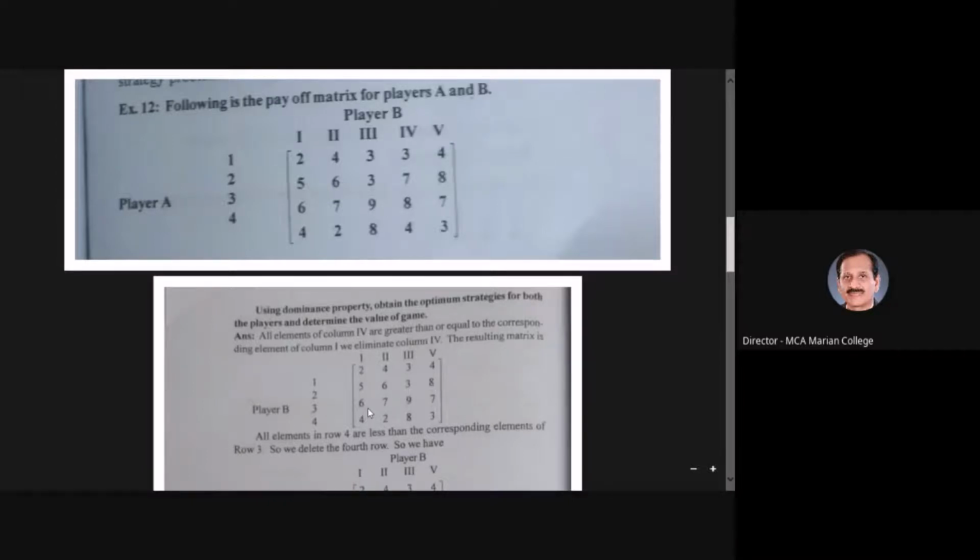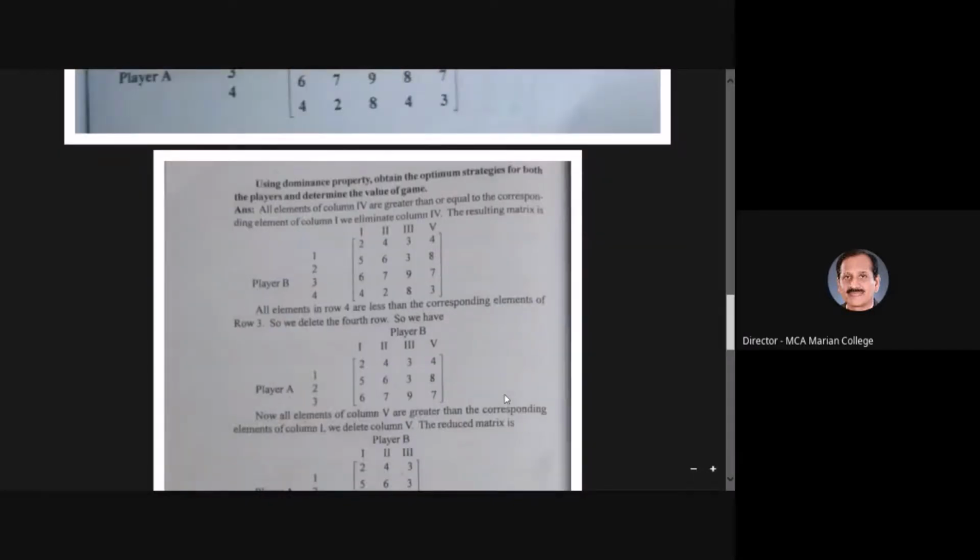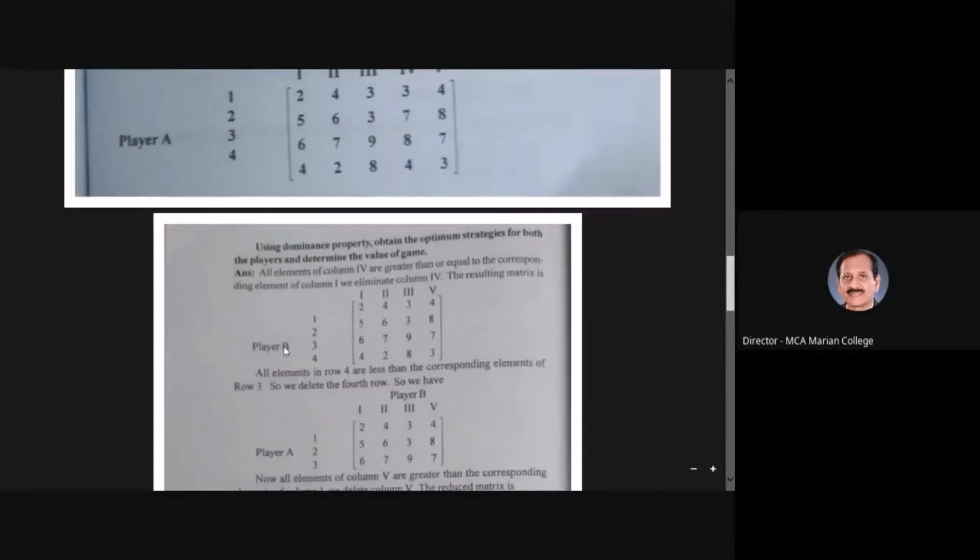Here 4 is less than 6, 2 is less than 7, 8 is less than 9, 3 is less than 7. In that case, logically we can say that the player, here it is player A, it is wrongly written as player B. Okay, so player A will not choose the values in the fourth row.